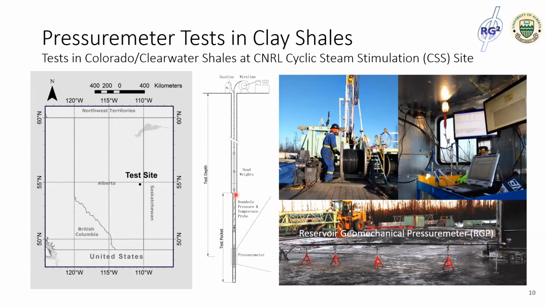We also have additional dead weights at the top of the tool to provide the thrust force to allow the tool to slide into this testing pocket. Because of the depth at which it has been deployed, we gave it a name, the reservoir geomechanical pressuremeter.